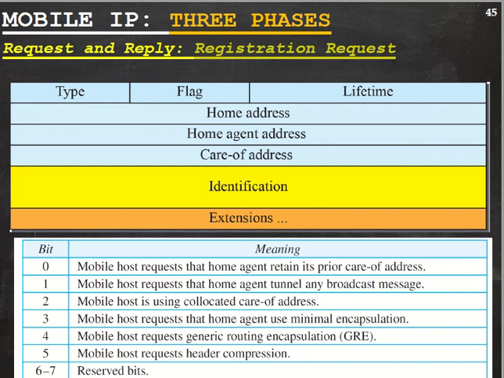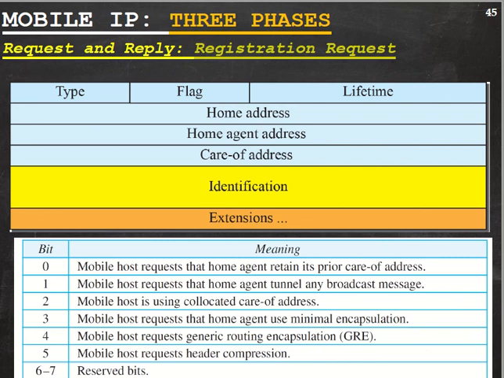So it is a request sent from the mobile host when it moves to a foreign network, done in order to register its care of address, and it also announces its home address and home agent address. The foreign agent, after receiving this registration request, relays the message to the home agent.